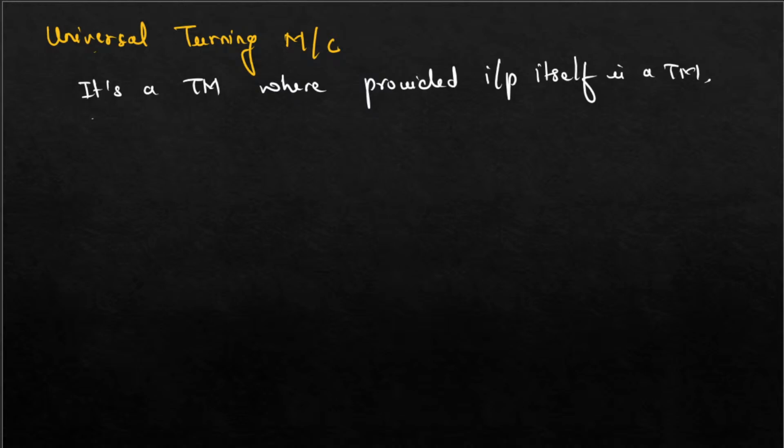And the set of all strings accepted by universal Turing machine is also called universal language. Now what is countability and uncountability? Let's talk about it.